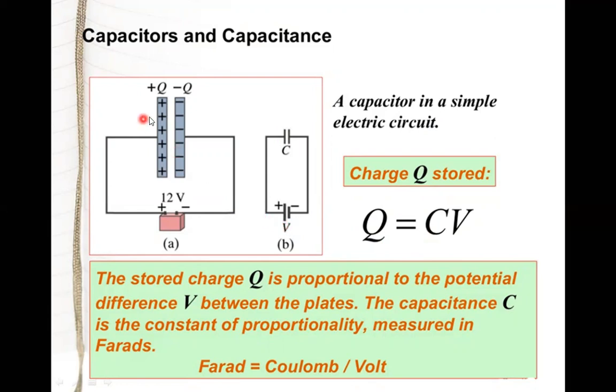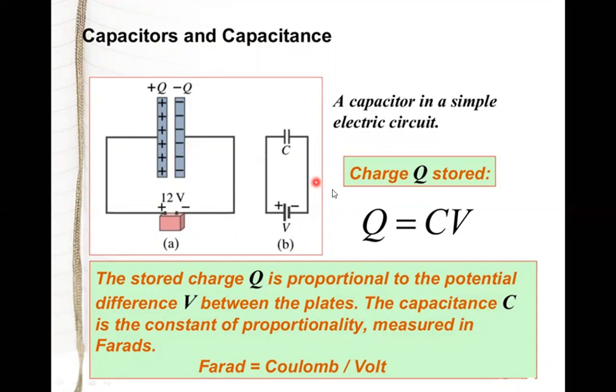We say this capacitor is fully charged when the potential difference across these two plates of the condenser is equal to the applied voltage. So if we measure the voltage across these two plates as 12 volts, then we can say that this particular condenser is fully charged. And once this condenser is fully charged, it starts blocking the further flow of current through it.